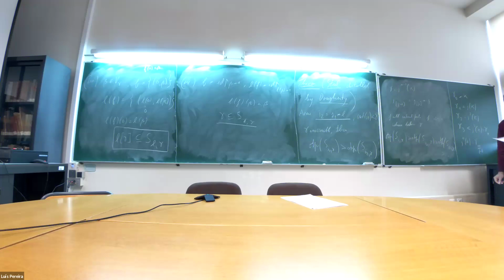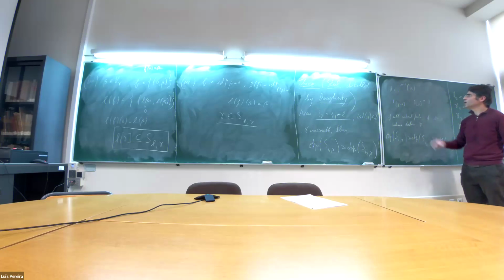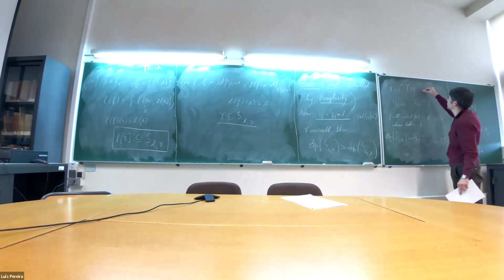And this is impossible. So suppose you have some gamma, which is just taken to be inaccessible.